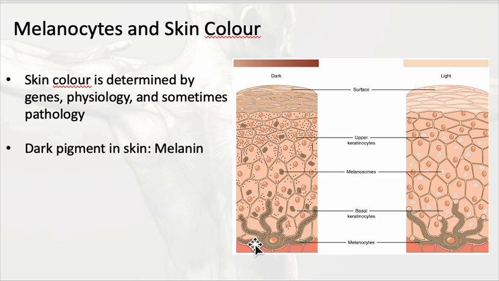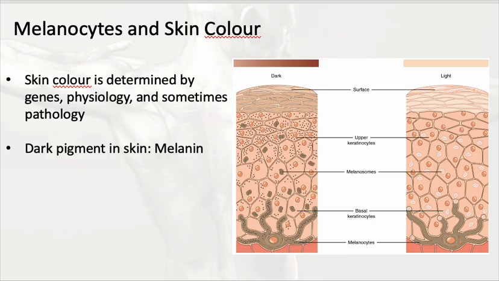Genes control both the number of melanocytes that an individual has, but the main determinant of skin color and differences in skin color between individuals is the amount of melanin that a person's melanocytes produce. Melanocyte: melano, cyte is cell.